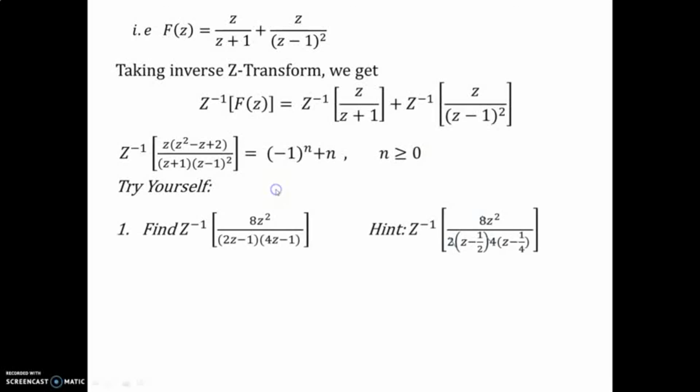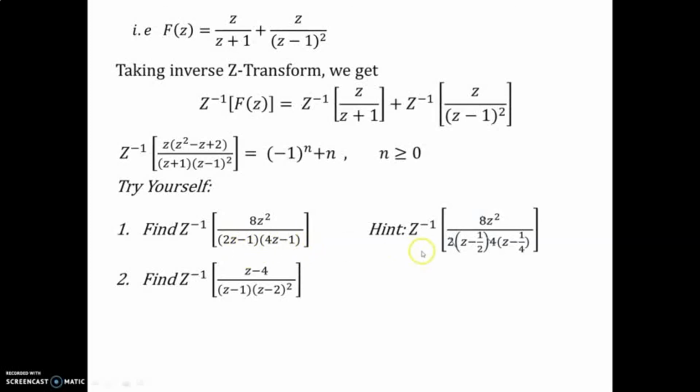So try yourself. Find z inverse of 8z squared by 2z minus 1 into 4z minus 1. Here, in the denominator two factors exist, so take out the constant 2 from the first factor and the constant 4 from the second factor.